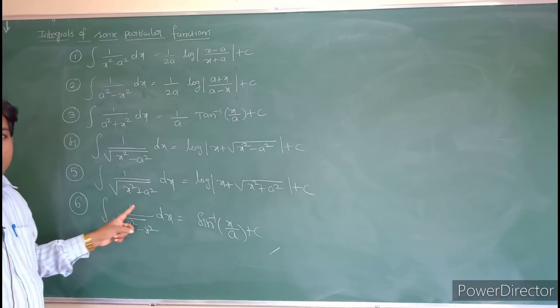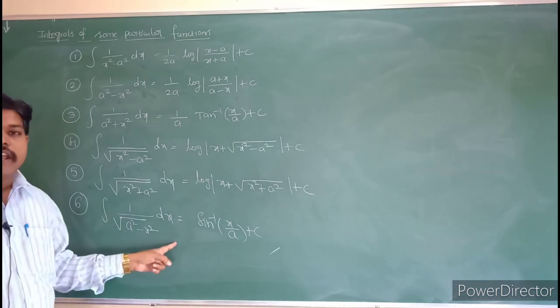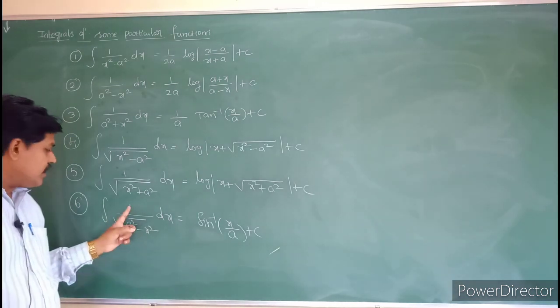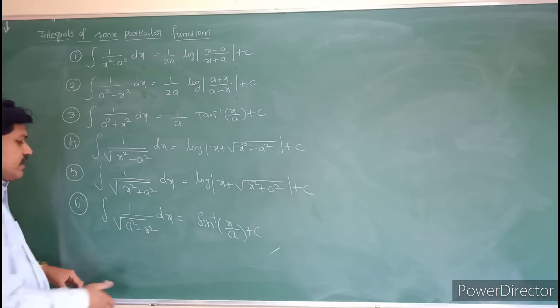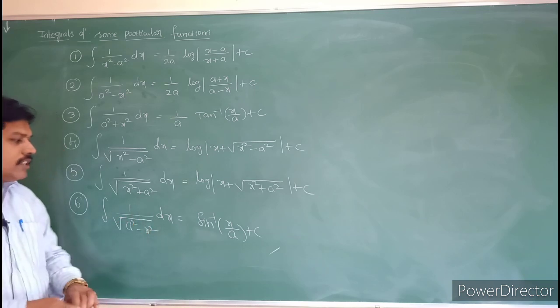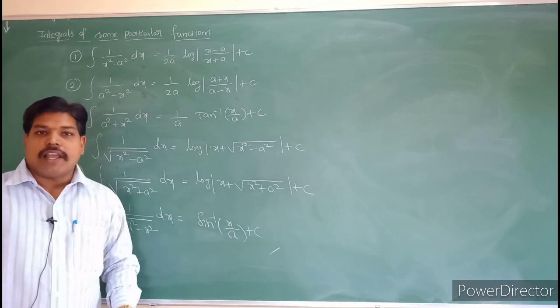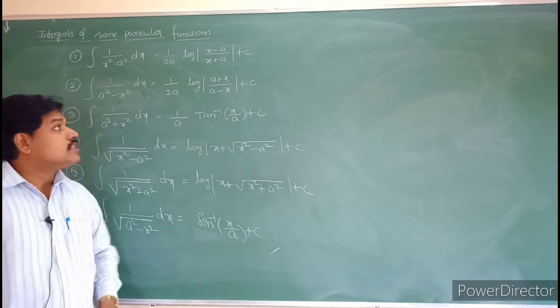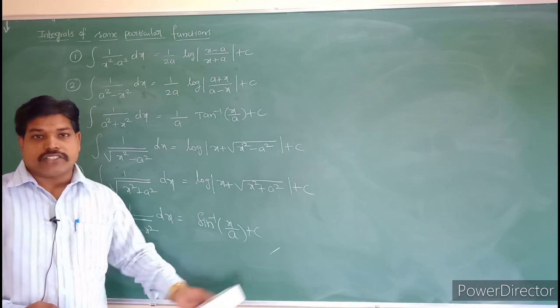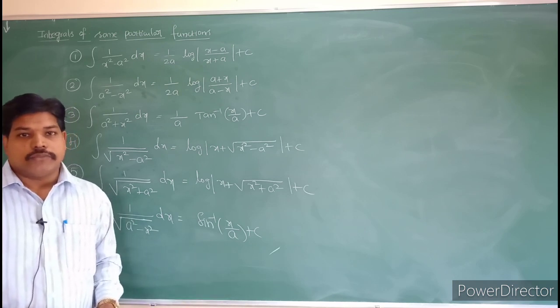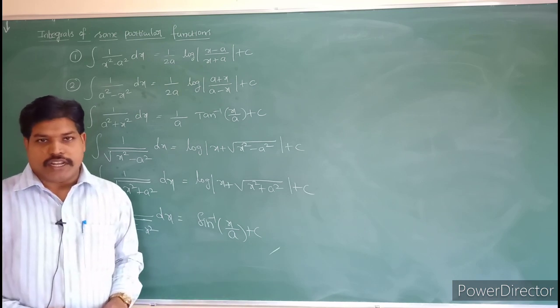Integral 1 by root of a square minus x square into dx is nothing but sin inverse of x by a plus c. So see these formulas and practice the solutions also. Okay, we will continue in the next class.